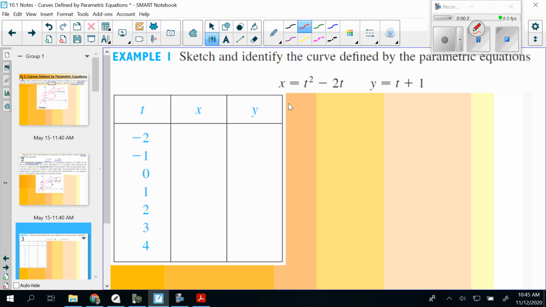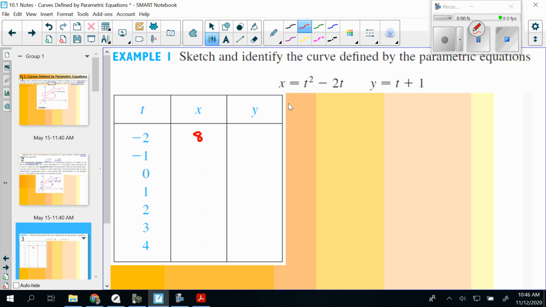So let's start with x. If we put in -2, our first number here, for t, what does x become? Well, it's just solving out a little equation here. -2 squared is going to be 4. -2 times -2 is also +4, so the output value would be 8. And then we're just going to continue down and find those numbers.